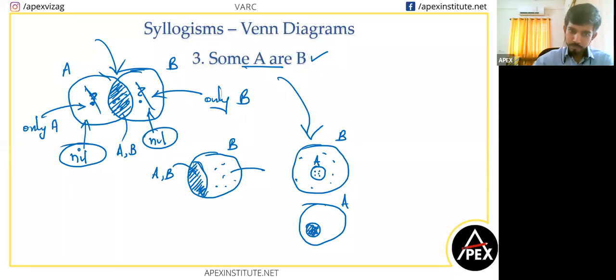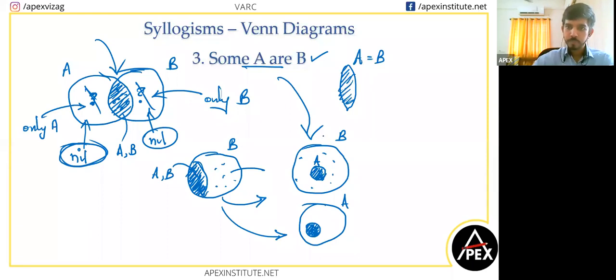So this blue shaded area has gone to become this part when we added one premise and has gone to become this part when we added another premise. Right? And if both of these are nil, if both question marks I take out of the picture and I say both are 0, then you are left with only this area where all A's are B's. So this becomes A equal to B. Right? Or you can just draw a circle with A equal to B.